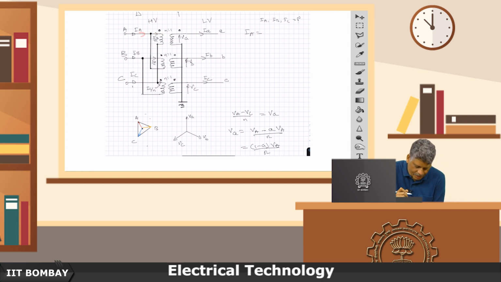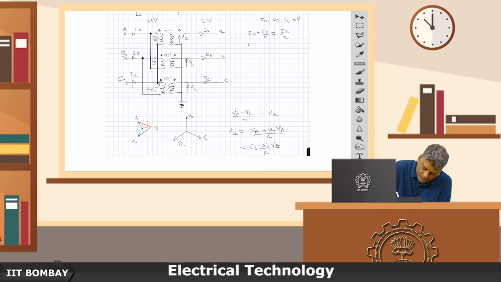So, capital IA comes in, and this transformer winding current IB by n comes here. These two sum and go out from here. So, my equation is going to be that IA plus IB by n is equal to small ia by n.